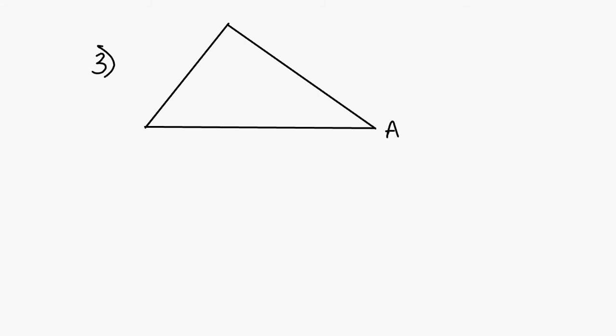Triangle ABC. You've got a leg that's 41, a leg that's 42, and an angle that's 39.4. Here's side a, and then here's side b and side c. Okay, so you can use the first formula that I gave you for the law of cosines.